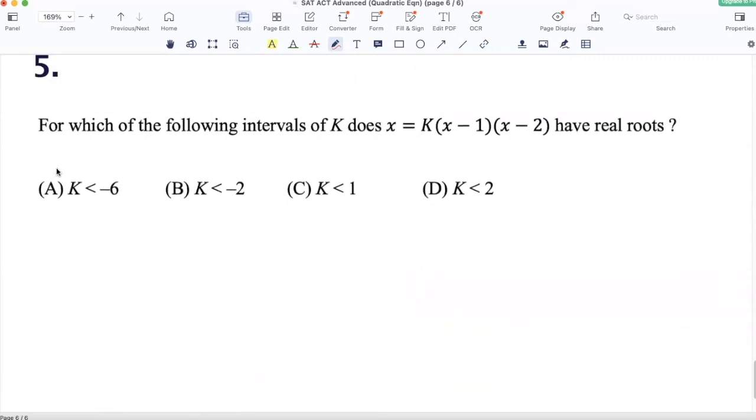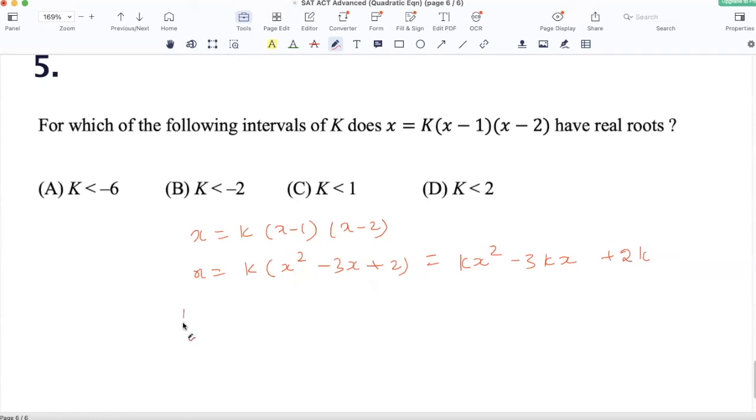For which of the following intervals of k does x equal to k times (x minus 1) times (x minus 2) have real roots? Okay, so x is given as k times (x minus 1) times (x minus 2). So let's first convert this to standard quadratic form. So x is k times (x squared minus 3x plus 2), which is kx squared minus 3kx plus 2k.